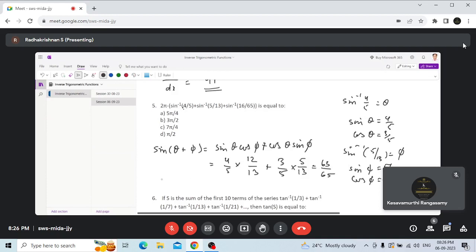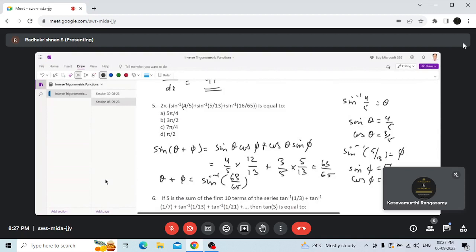So now that means theta plus phi equal to sin inverse 63 by 65. So now we have written that sin inverse of 4 by 5 plus sin inverse of 5 by 13 equal to sin inverse of 63 by 65. There is a direct formula given in your book. You can use that or you can simply do it without having to memorize the formula.